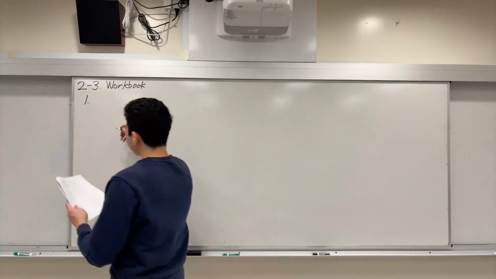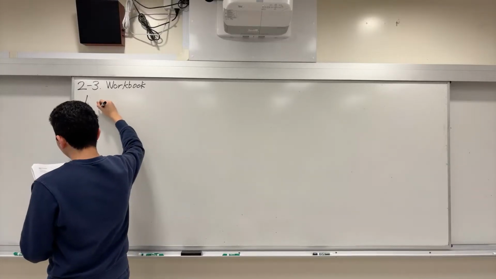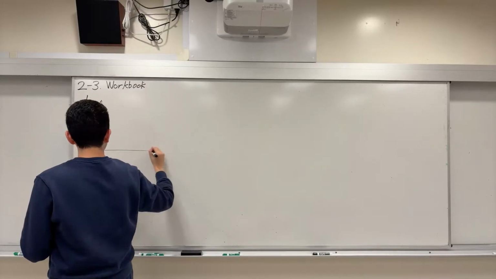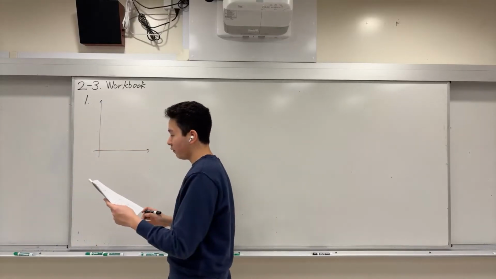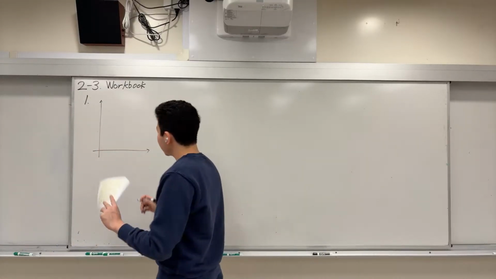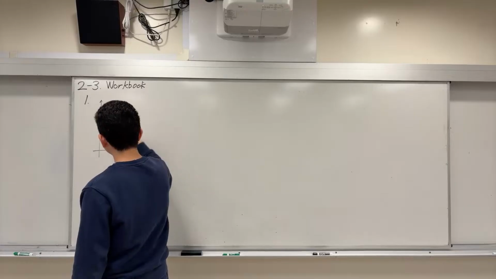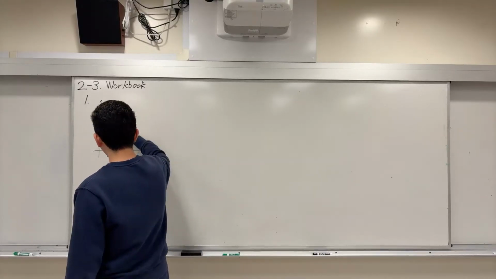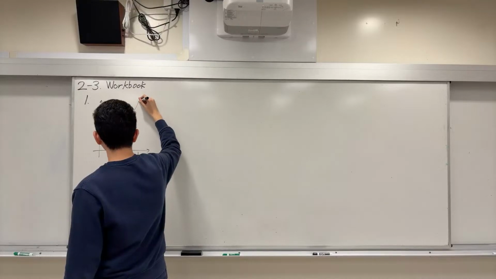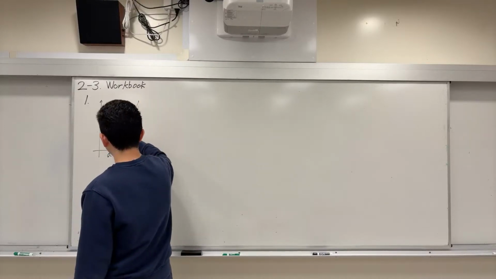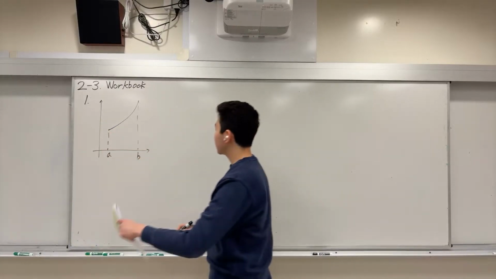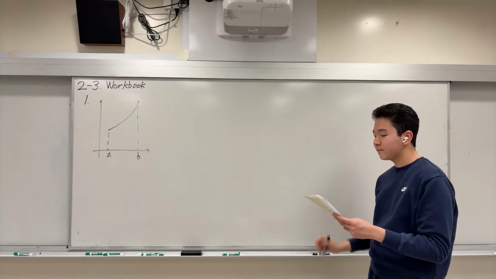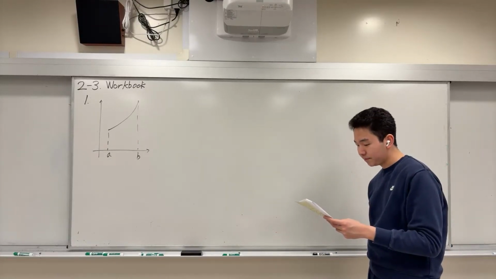We got a pretty intuitive geometric picture last time, but here's a formal proof for this statement. Let's define our interval. Let's say a is here and b is here, and this is our function. It's continuous on the closed interval and differentiable on the open interval, and f prime is greater than 0.